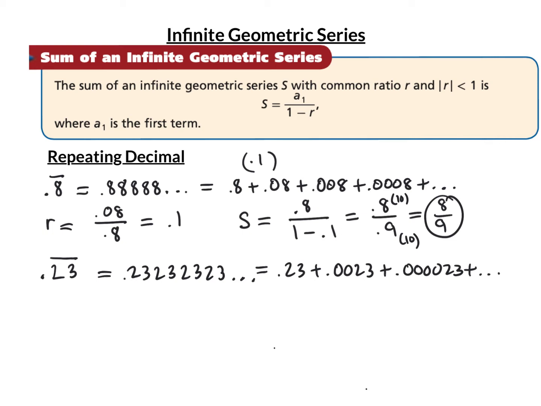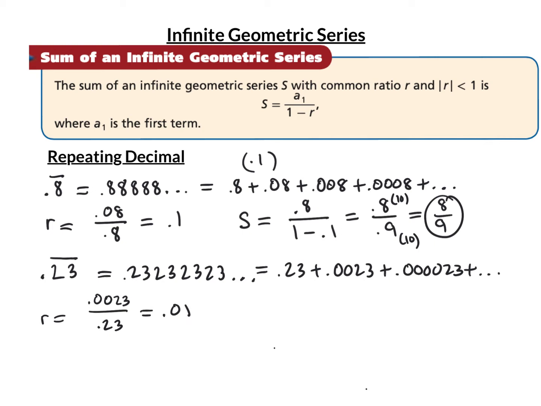One more example. We'll take 0.23, 0.232323, and write it as an infinite geometric series. 0.23 plus 0.0023 plus 0.000023, and so on. To find r, we would take the current, that's 0.0023, divided by the previous, 0.23, that's going to be 0.01.